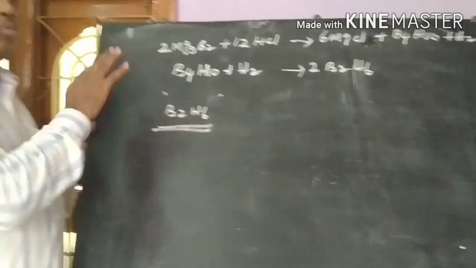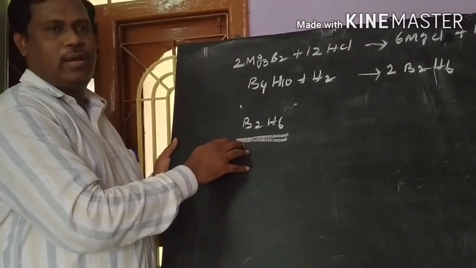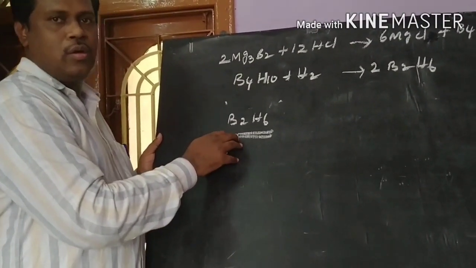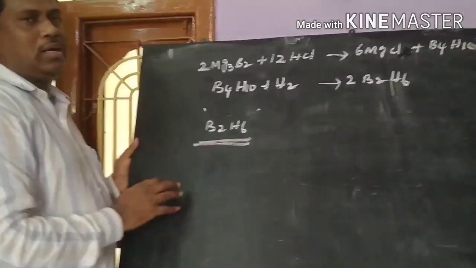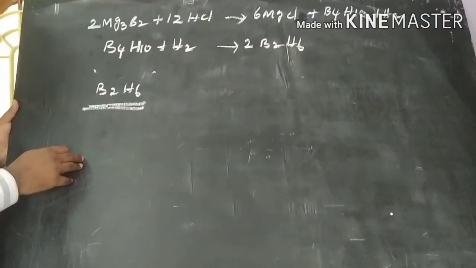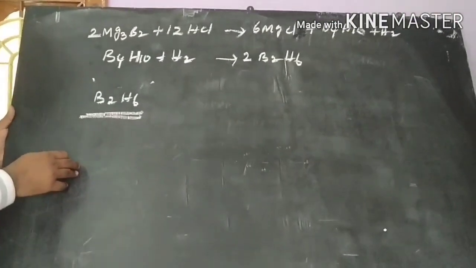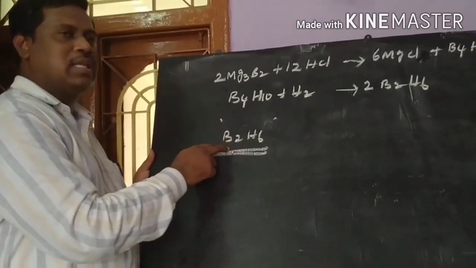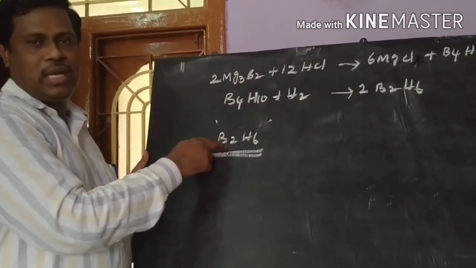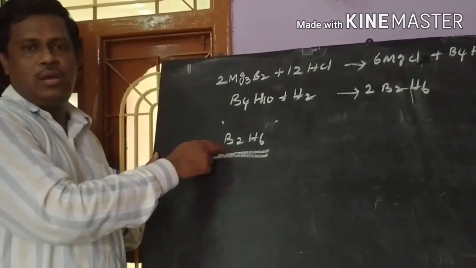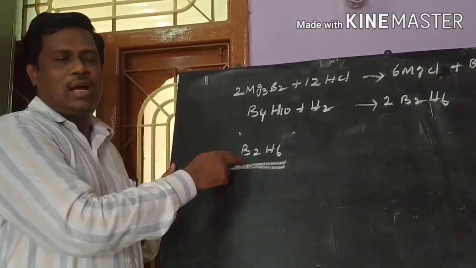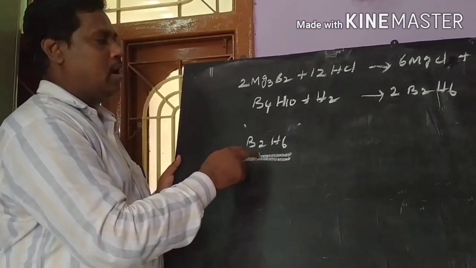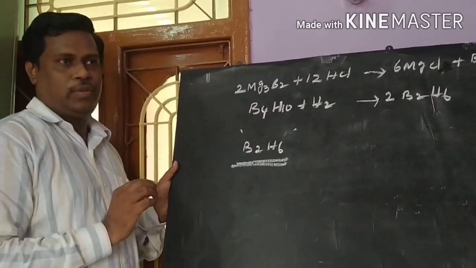Boranes are colorless, diamagnetic compounds with low thermal stability. Diborane is a gas at room temperature with a sweet smell, and it is extremely toxic. Toxic means poison.